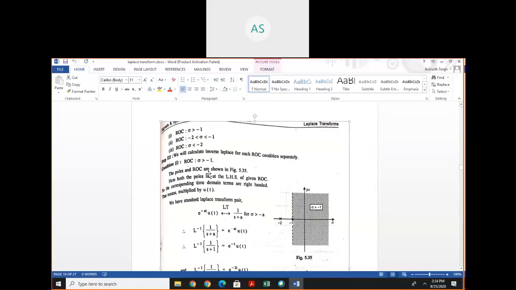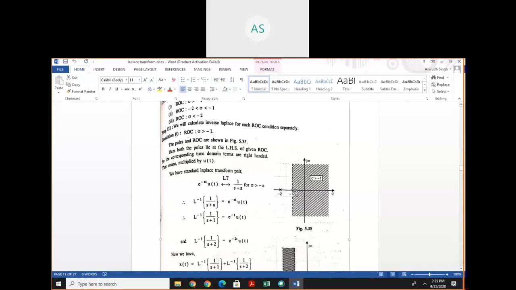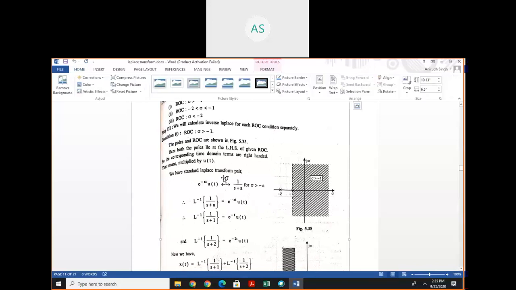Then calculate the values of a1 and a2. The value of a1 is 1 and the value of a2 is plus 1. So we can write X of s is equal to 1 by s plus 1 plus 1 by s plus 2, and x of t is the inverse Laplace transform of this term plus the inverse Laplace transform of this term.